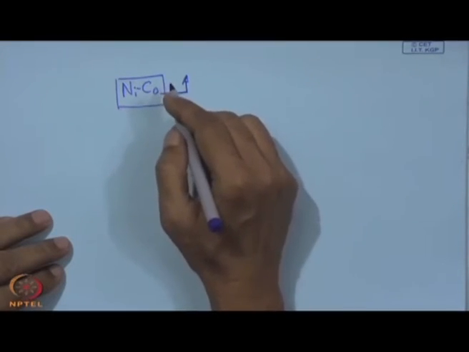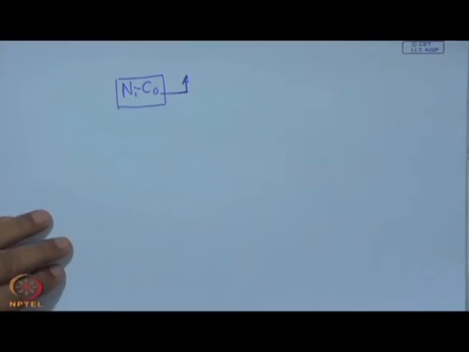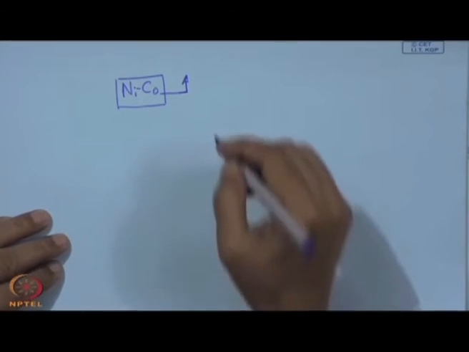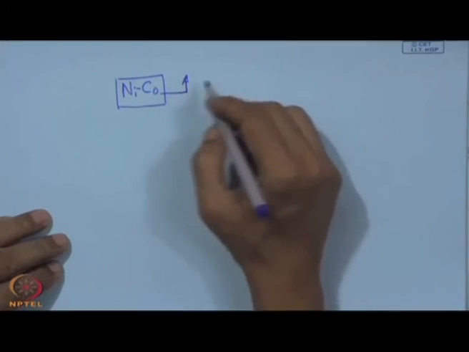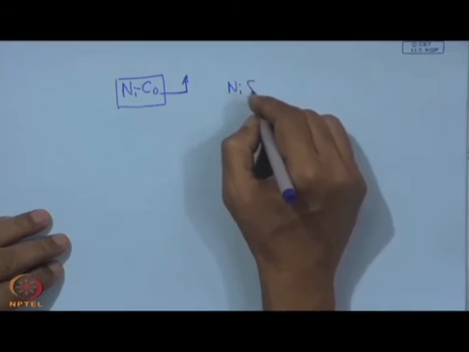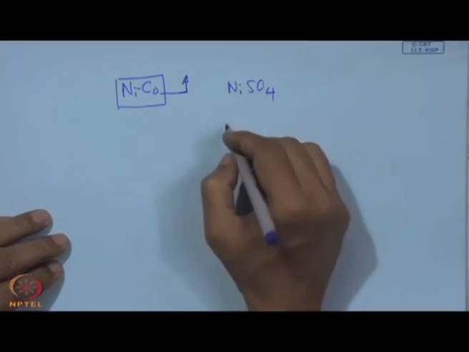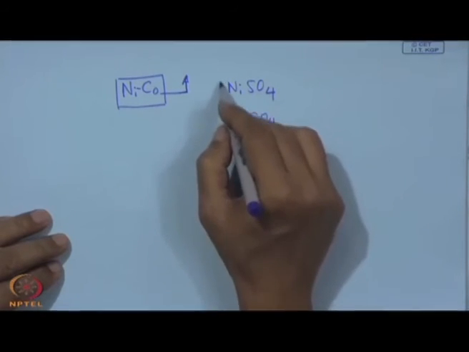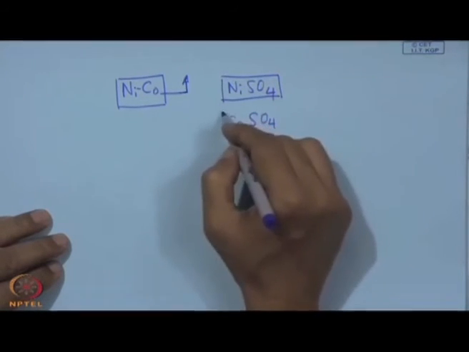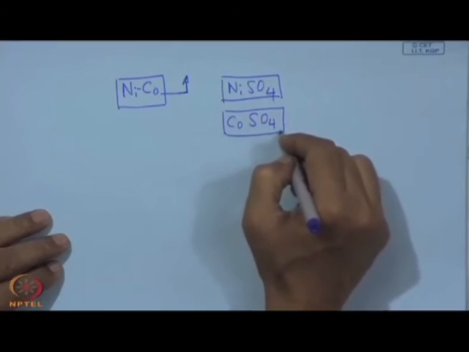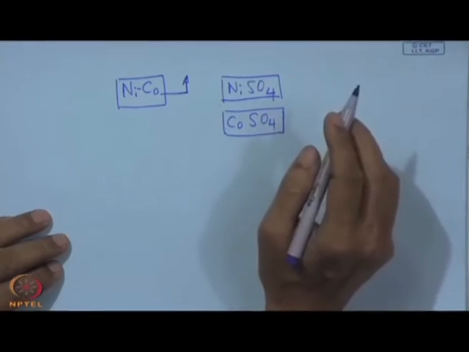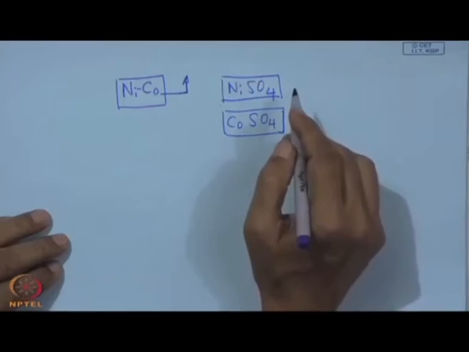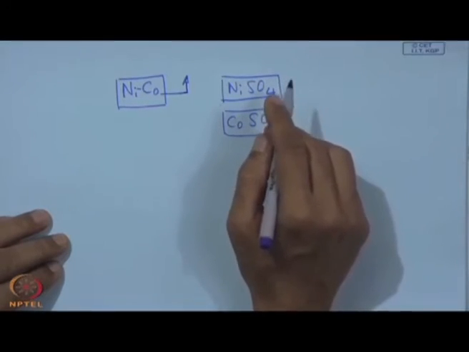This cobalt increases the surface property in terms of hardness, resistance to scratching, and strength also. So, the reasonable thing would be to have NiSO4, nickel sulphate, and CoSO4. These are the two salts which can be put in the electrolyte solution, and then we can have a co-deposition, and there can be other combinations also.